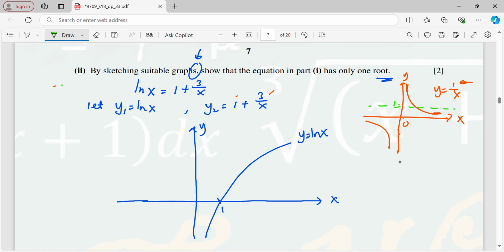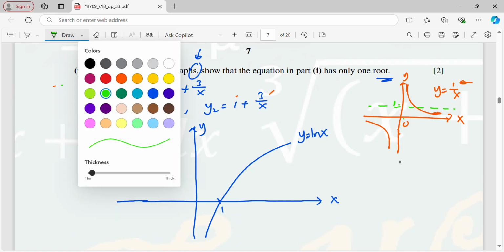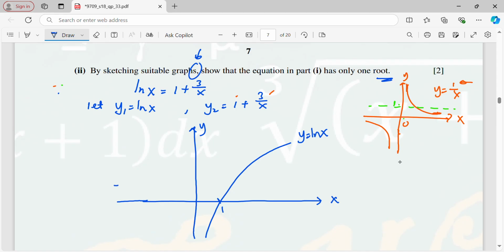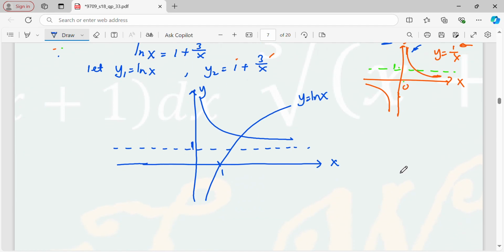So that means now I will be sketching the 1, that is our asymptote. Okay, let's say here is 1. So it will be the same shape, but just move up the whole graph by 1 unit. That means now here I will be getting this graph. Initially, this part cannot touch the x-axis.